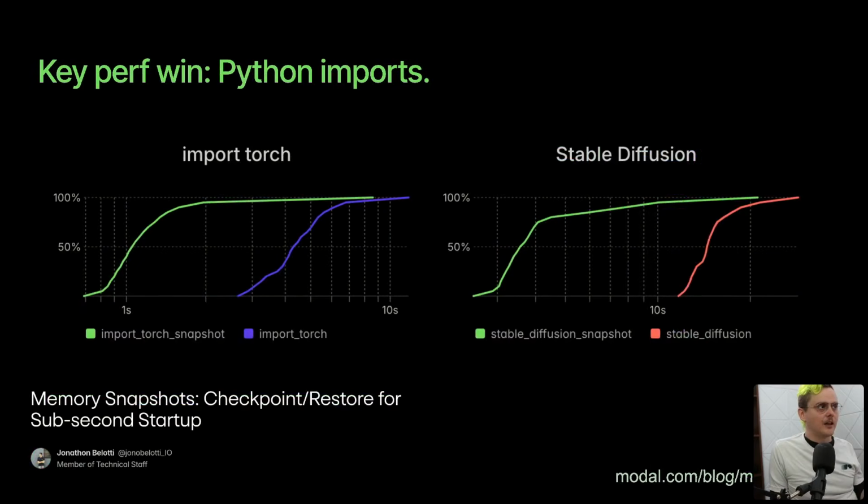I'll say that there are some specific micro benchmarks and even some workloads where a lot of the overhead at the beginning, like importing Torch, which is tens of thousands of syscalls, can be sped up from 5 to 10 seconds to 500 milliseconds to 2 seconds.